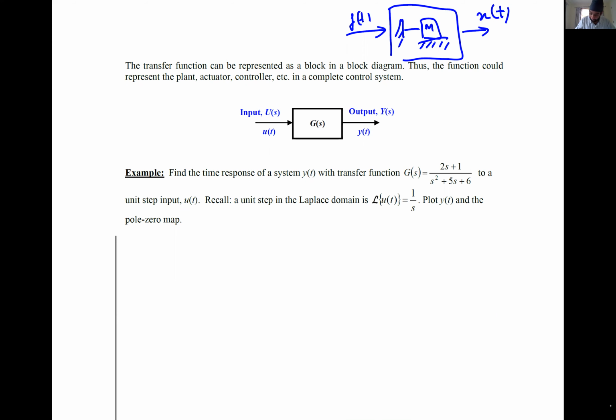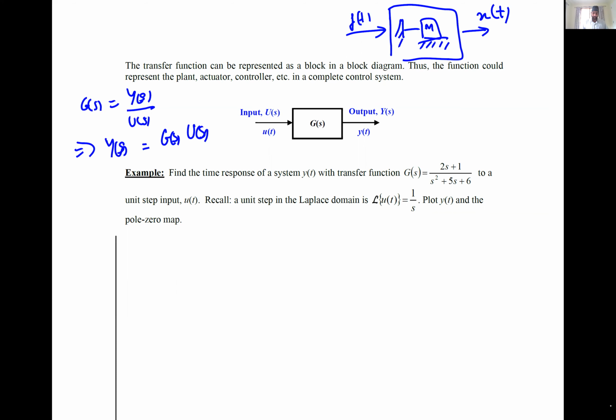But in the Laplace domain, G(s) is equal to Y(s) divided by U(s). Since the Laplace transforms of differential equations are just algebraic equations, I can describe that in the Laplace domain, Y(s) is just equal to G(s) times U(s).